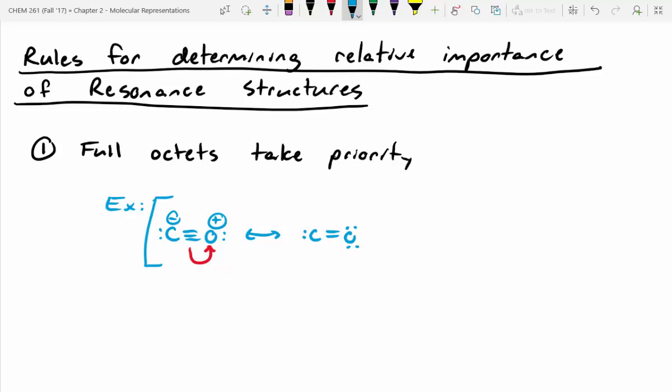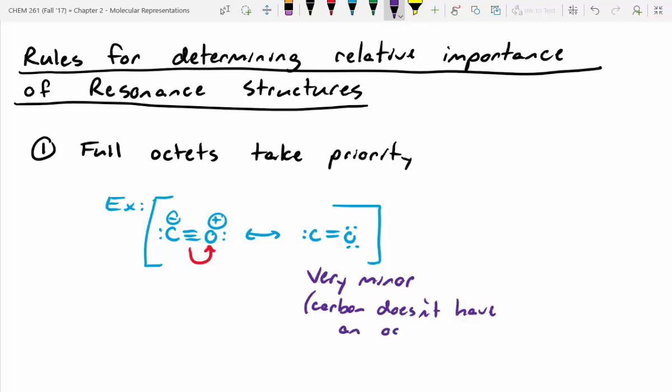So you could draw this, but this is very minor. The carbon doesn't have an octet. This other one is going to be our major contributor for carbon monoxide. So that's important to look at.